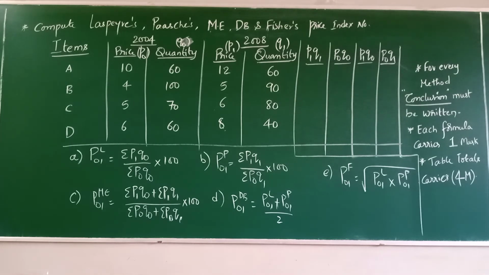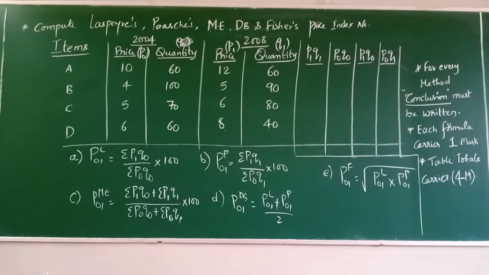If that answer is more than 100, generally the value of base is always 100. Remember, the base year value is 100. After 100, if it is increasing, how much it got increased, that has to be written.